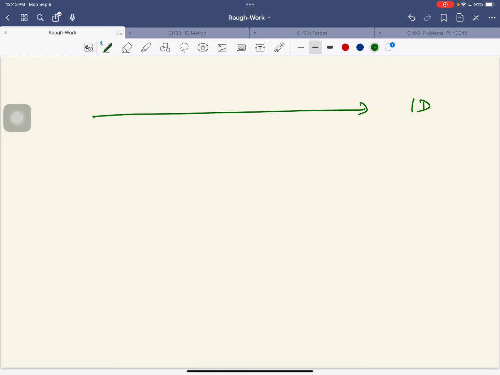So 1 for magnitude, 1 for direction. In 1 dimension, how many numbers do you need? It turns out that in 1 dimension, the vectors can only point in this direction or that direction. So the sign tells you the direction. You don't need a number for the direction, but the sign tells you the direction of the vector.